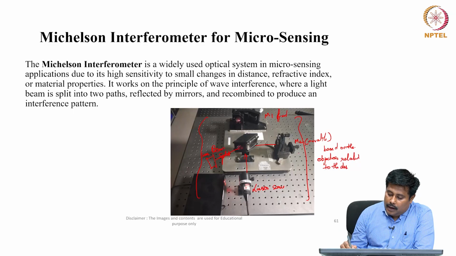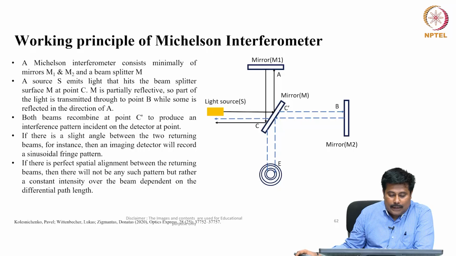So there will be movement in the M2 mirror, and appropriately, we get a different interference pattern.